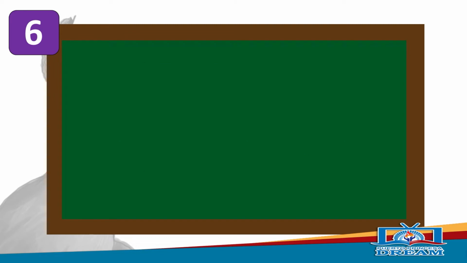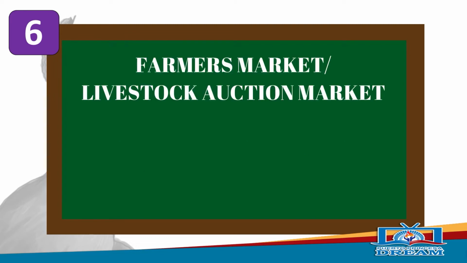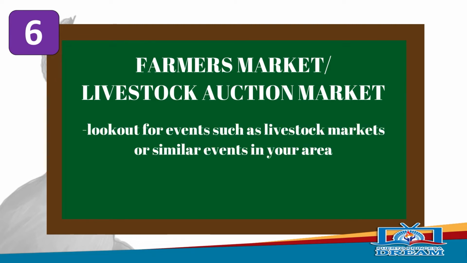Second one is farmers market or livestock auction market. As an animal raiser, you should look out for events such as livestock markets or similar events in your area where people from nearby provinces come to buy livestock direct from raisers themselves.